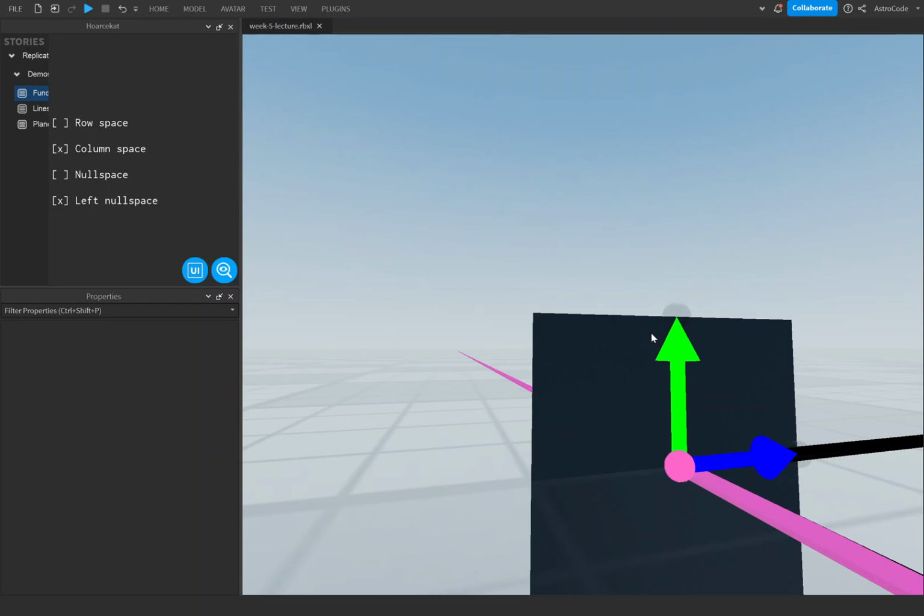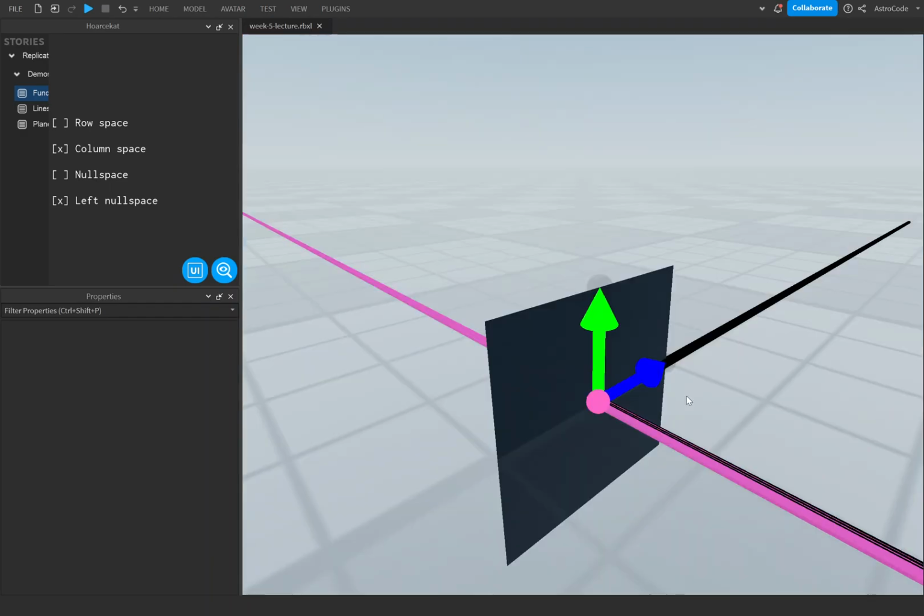And the left null space is this line that goes perpendicular to the plane. What the left null space describes is like the direction we can't move in. So if we are a vector and we transform ourselves under our matrix and we land in this plane, the left null space tells us the direction we cannot move. Because we are confined to this plane, we cannot move along the pink line.